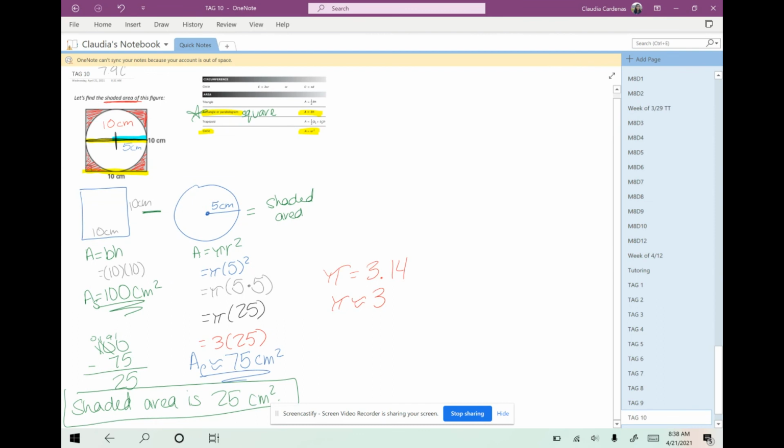So the first thing we did was identify the shapes given in our figure. We then broke it apart with the matching dimensions. We found the formulas from our star chart. We substituted and solved, and then we subtract to find just the shaded region of this figure. Let's go ahead and try some more on our own.